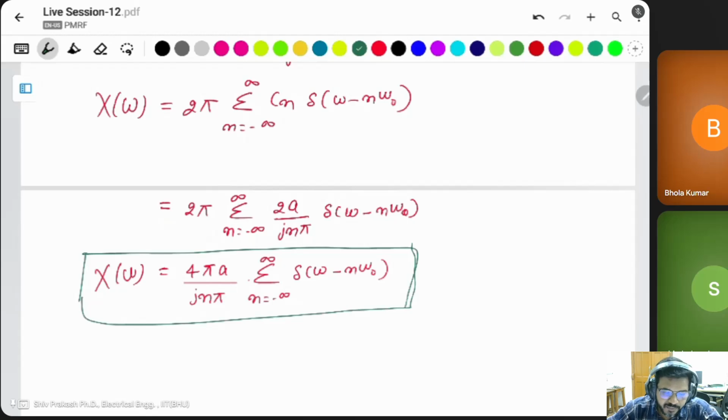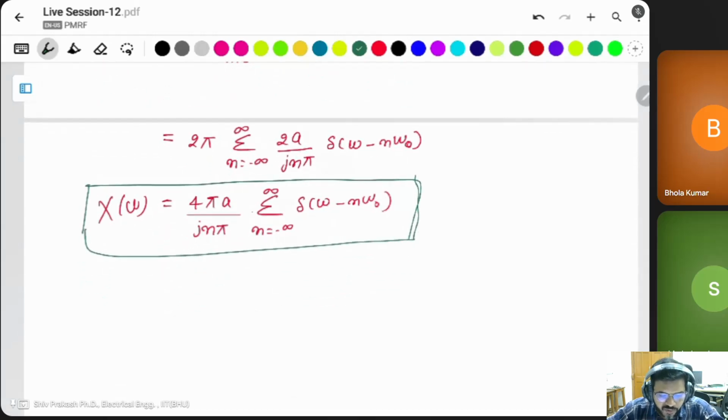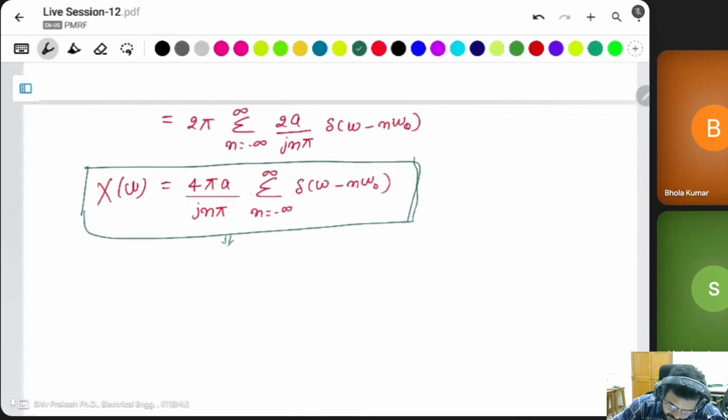Suppose if you extend this from minus 5 to plus 5, then how does this signal look? This will be minus infinity to plus infinity, but I extend this one from minus 5 to plus 5. If this is the minus 5, then n is equal to minus 5. It means the denominator is minus j 5 pi.